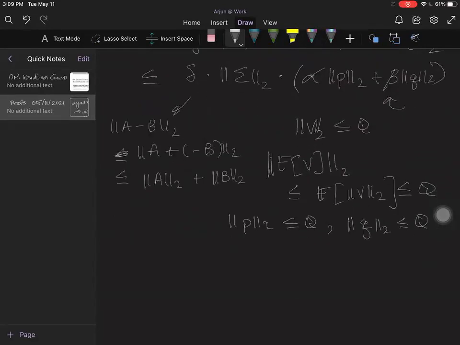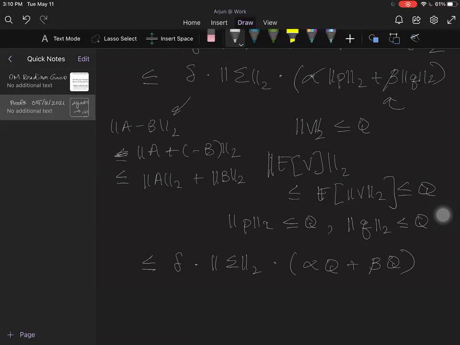So ultimately, what this gives us is delta times the norm of sigma times alpha Q plus beta Q. And there's one last simplification step here, if anyone can remember the notation and point it out. Beta equals 1 minus alpha.